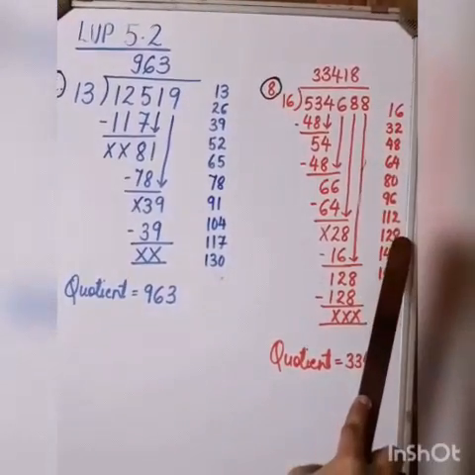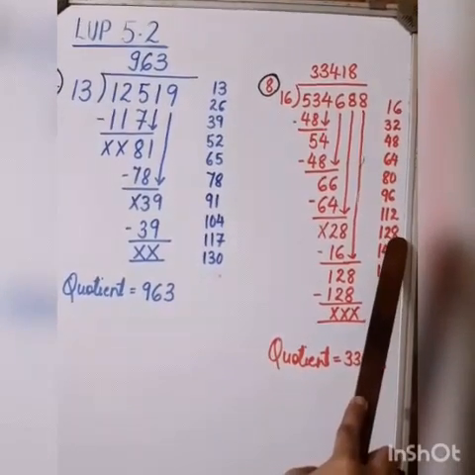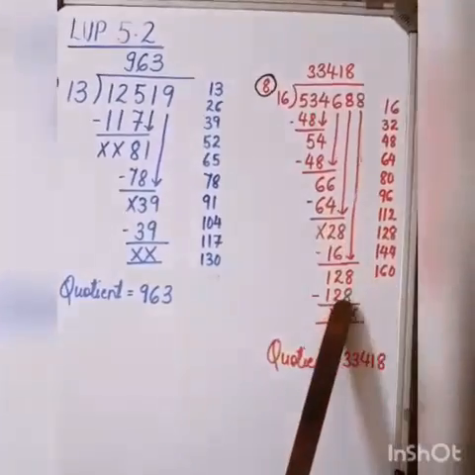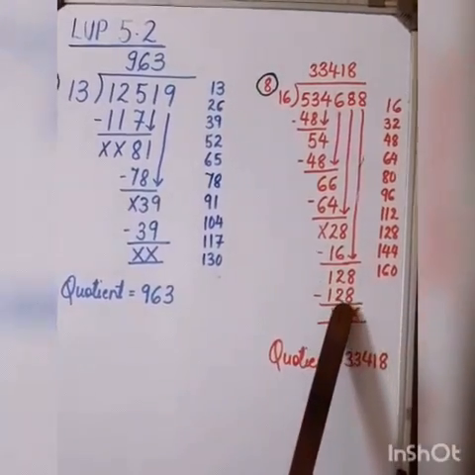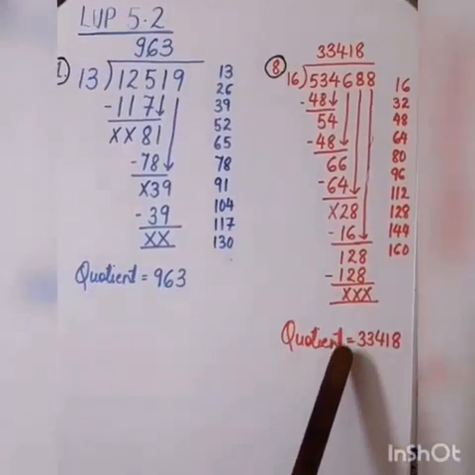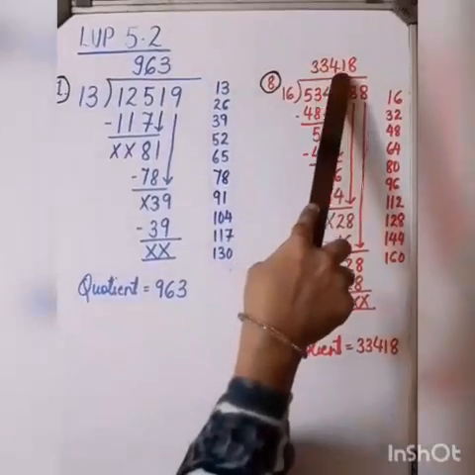Now 128 is in the 16 table. How many times? 8 times. So 16 8s are 128. 128 minus 128 is 0. So here our remainder is 0, and the answer is 33,400.